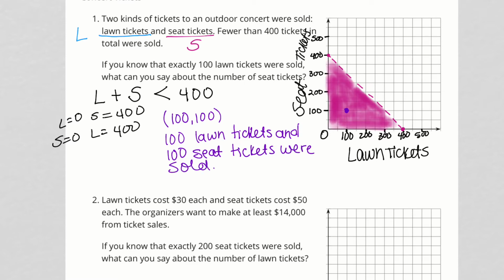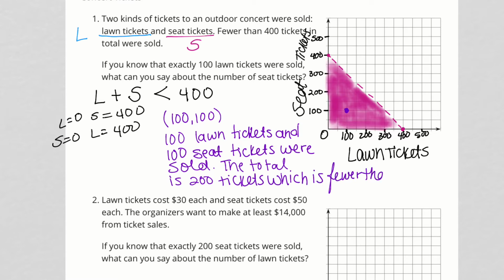How many total seats were sold? 200. Okay, so the total is 200 tickets, which is fewer than 400.